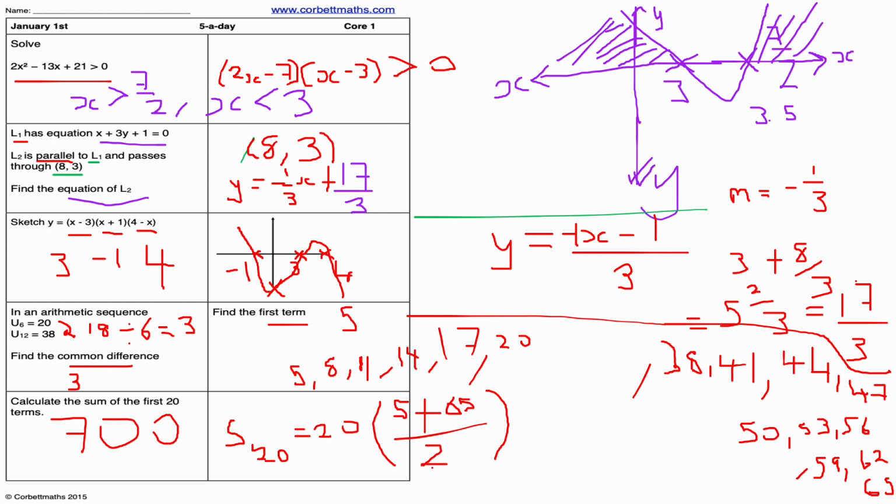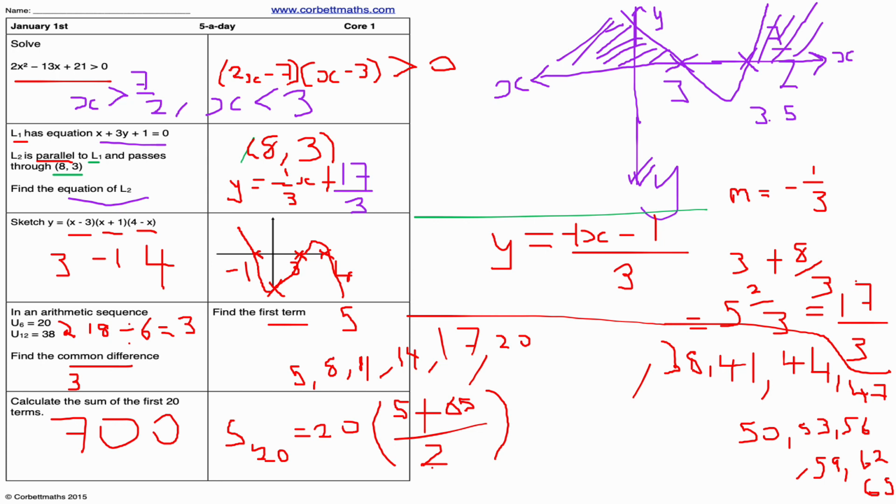Or I could do 5 plus 8 plus 11 plus 14 plus 17 plus 20, plus 23, plus 26, plus 29, plus 32, plus 35, plus 38, plus 41, plus 44, plus 47, plus 50, plus 53, plus 56, plus 59, plus 62, plus 65, and it will indeed give you 700.